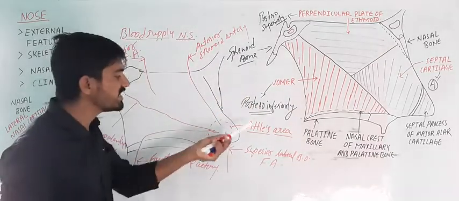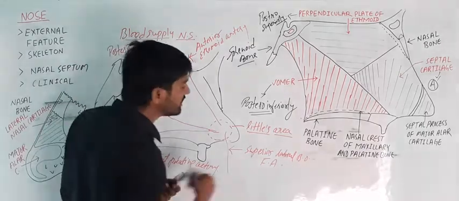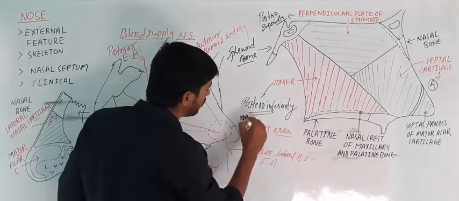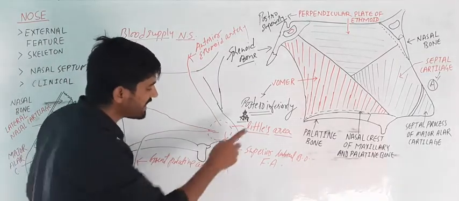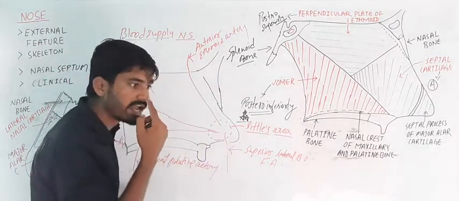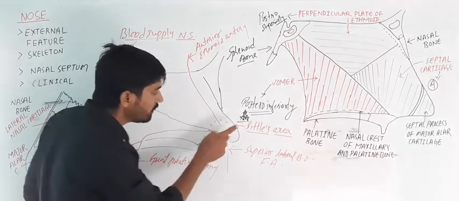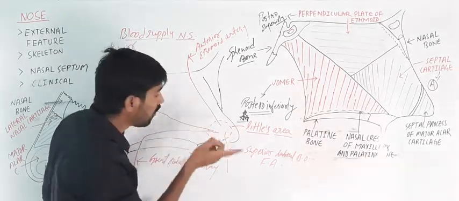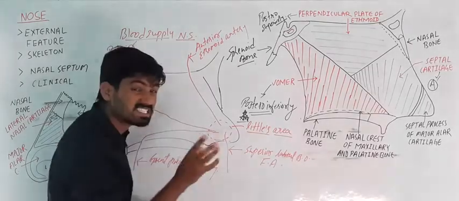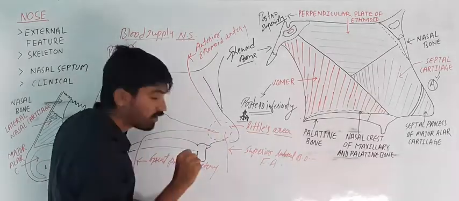Now, what is Little's area? It's very, very important. What is Little's area? Little's area is present in the anteroinferior part. This is the anterior and the inferior. So Little's area is present in the anteroinferior part of the nasal septum, and it's highly vascular. Okay.